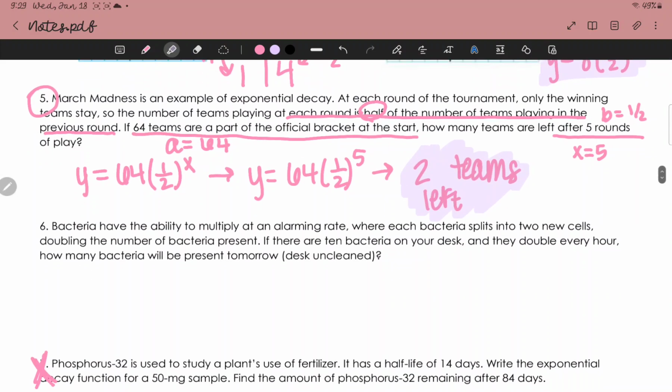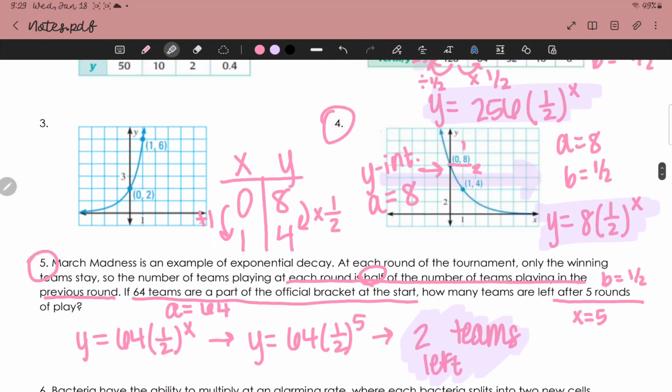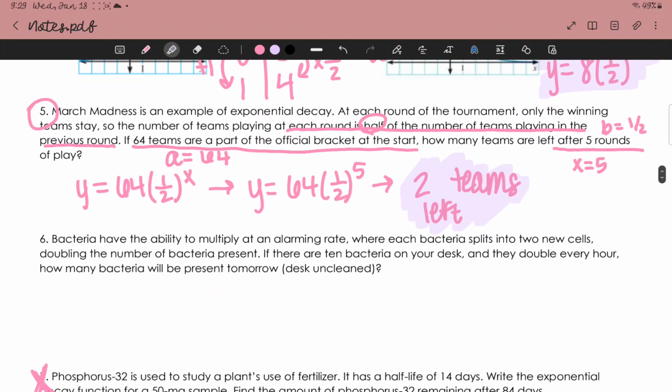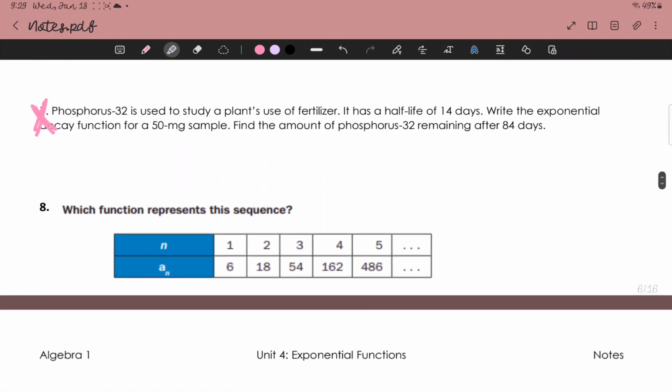All right. And again, you guys are left on this page with 1, 3, 6. I also wanted to remind you for 8 that since they asked to write a function for the sequence, this is a geometric sequence. You have to find out what they're multiplying by.